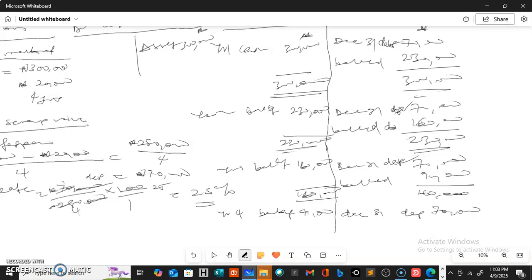So we have a balance carried down of 20,000, which is the scrap value that we have in the question. So in doing this, we have finished up with the straight line method.